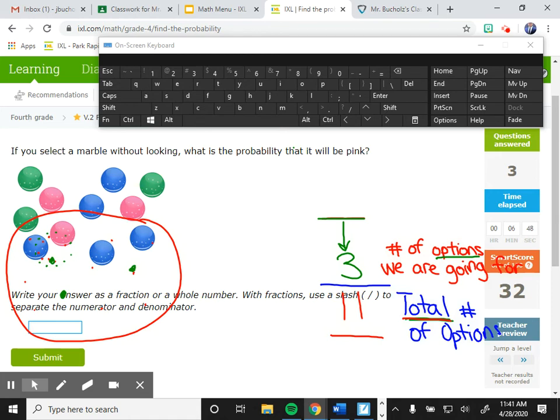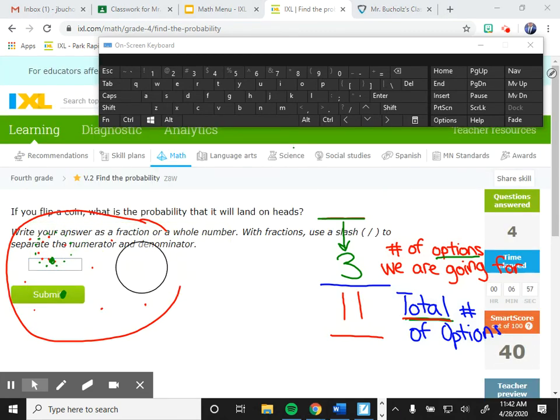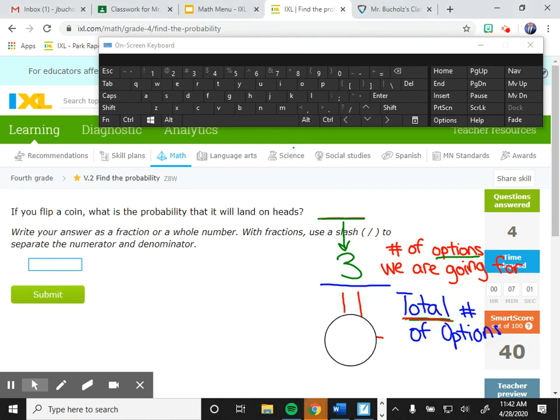So our fraction is going to be 3/11, 3 out of 11. We'll do one more.